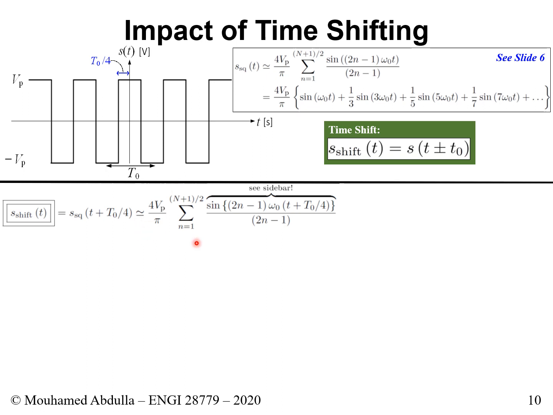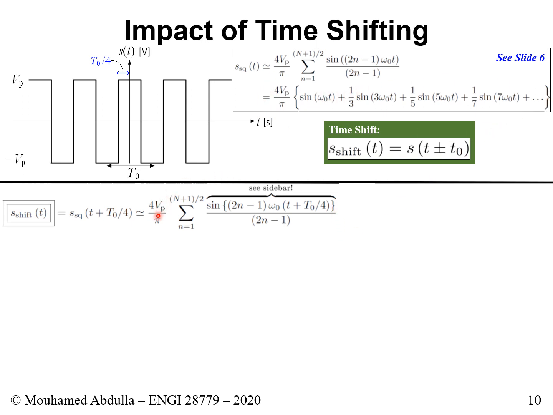So it's kind of a repeat of what I said earlier. We rewrite this expression. The only difference is that instead of entering t here, we enter t plus T naught over 4. We enter it in this equation, and then the rest we have this. Now, if you don't like this, you could just do this approach here and derive it that way.